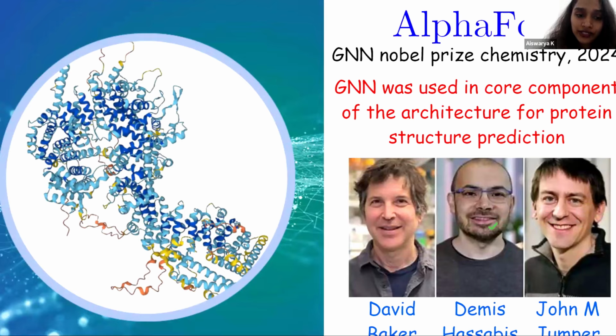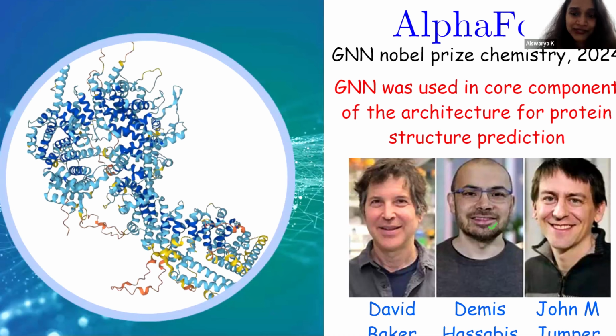So it was using graph neural networks and transformers to solve protein folding. This was very important and very historic for two reasons, as it was the first time AI and deep learning contributed directly to a Nobel Prize, and it proved that GNNs are not just tools for social networks or recommendation systems. They can solve deep scientific problems that humans struggled with for decades.